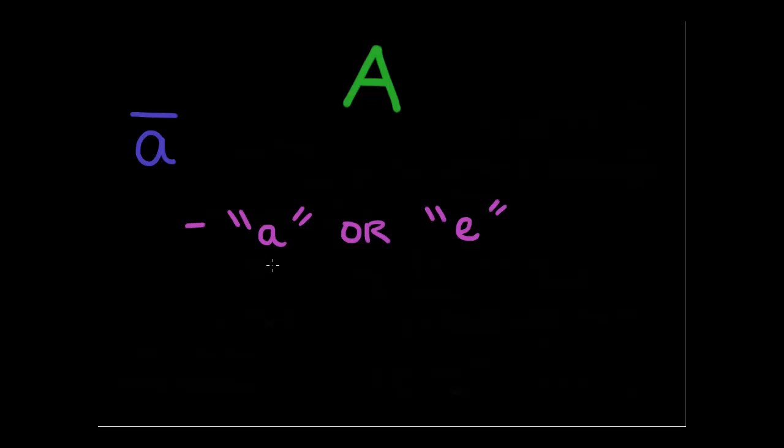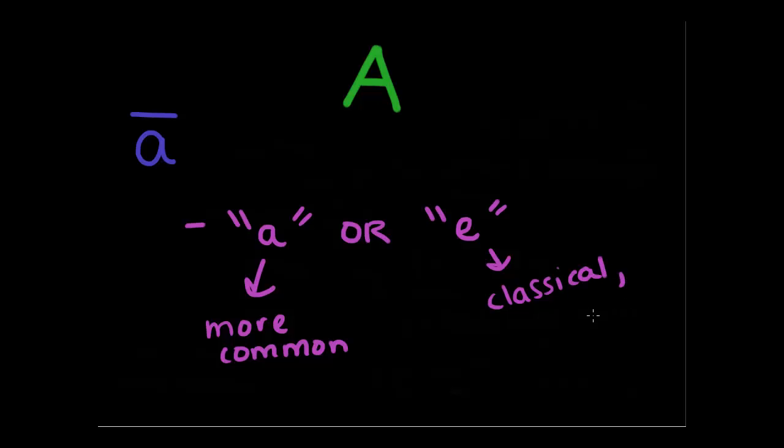Okay, the more common of the two is A. More common, it's more often found in root words. The thing with E is that this is the classical spelling, what was used for pure Greek to represent the A sound. So it's more classical, and it would be at the ends of words.